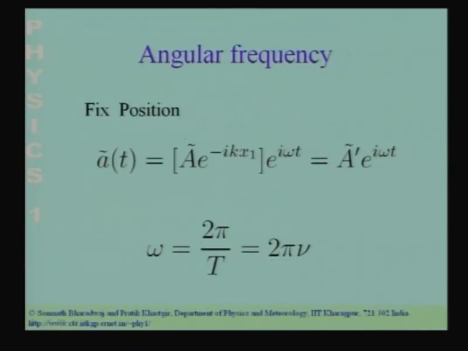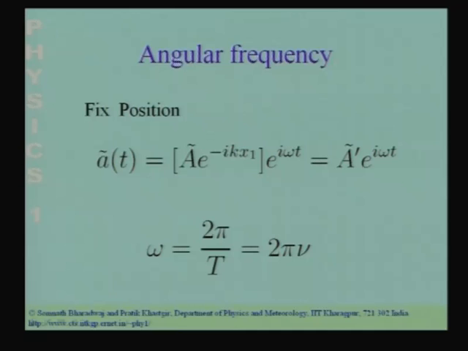If you fix x at x1, e to the power minus i k x1 becomes a constant, and this constant you can absorb inside the complex amplitude and redefine a new complex amplitude, A tilde prime. So, A as a function of t can be written with A tilde prime, which has absorbed this extra phase factor that arises because of x1, which is constant.